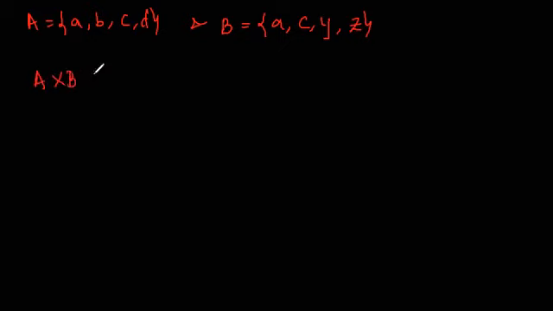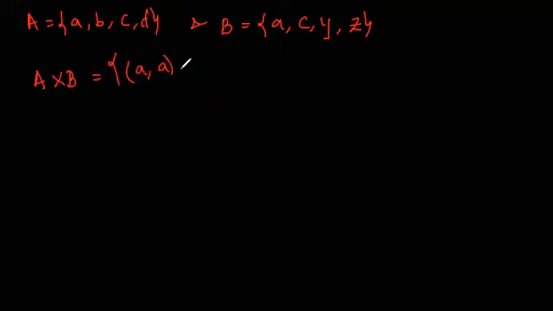So A cross B is the Cartesian product. It will have how many elements? So if there are 4 elements in each of them, we have to make a combination of all of those. So I'll just begin the solution. You can solve it for yourself.